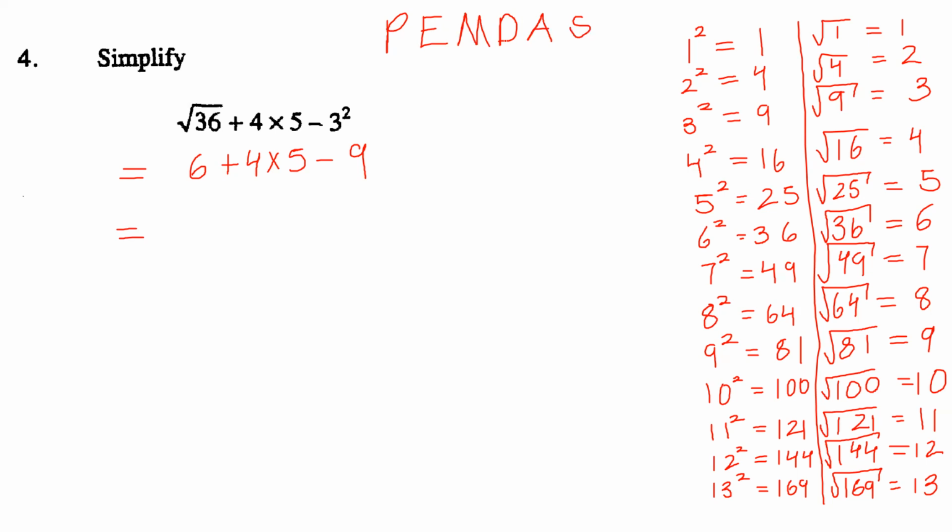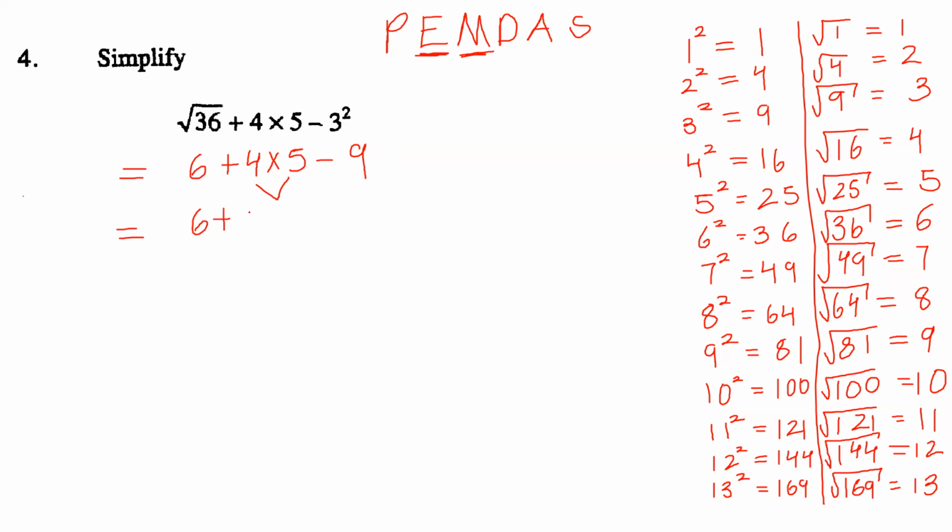The A is for Addition, and the S is for Subtraction. So we do the exponents first, which is the square root of 36 and then 3 squared. So we already did that. Now we have to do multiplication because multiplication always comes before addition or subtraction. So when we multiply, we get what? 20.